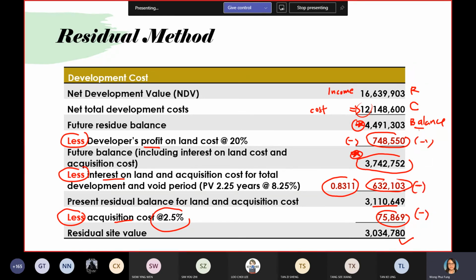Okay, so at the end of the day, the pure land cost will be 3 million. This 3 million is the basis that you use to negotiate with the landowner. We won't use 4.4. 4.4 includes profit, the interest, and also the site acquisition. So you cannot use this one.